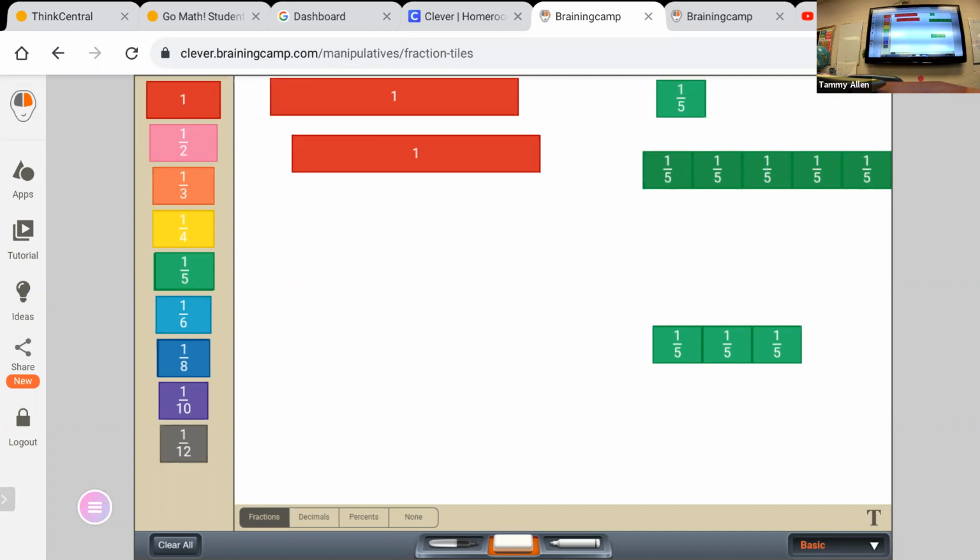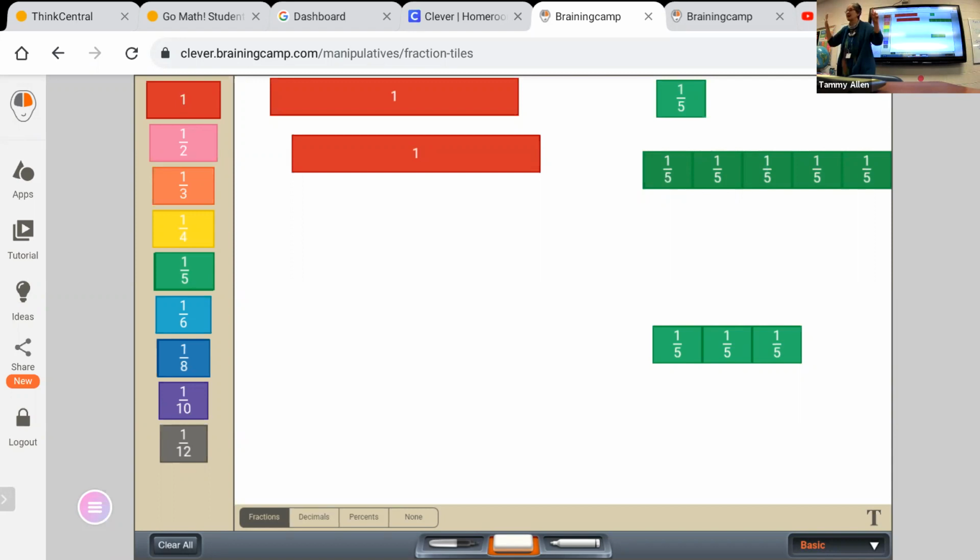All right, tell me what you don't get. Do you see I can't pull 3 fifths yet? So I need this stick over here in the fifths. How many fifths do I have over here now?